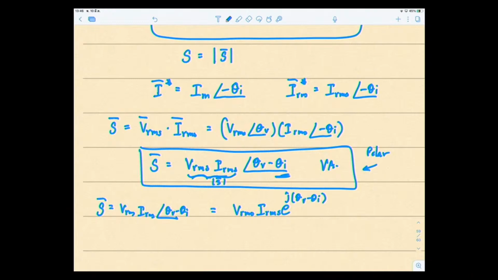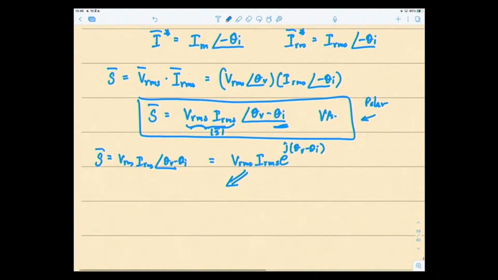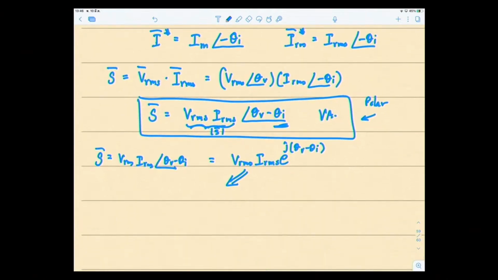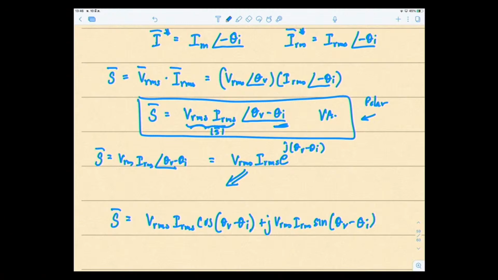And if you use Euler's identity, we can write this complex power as Vrms Irms cos(theta V minus theta I) plus j Vrms Irms sin(theta V minus theta I). Wow, see what happened?